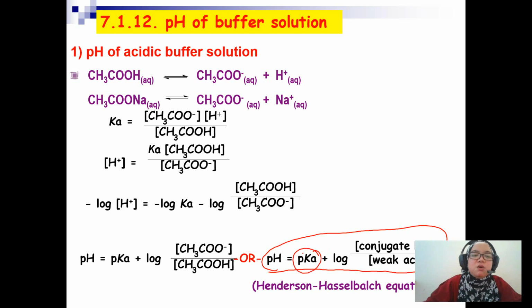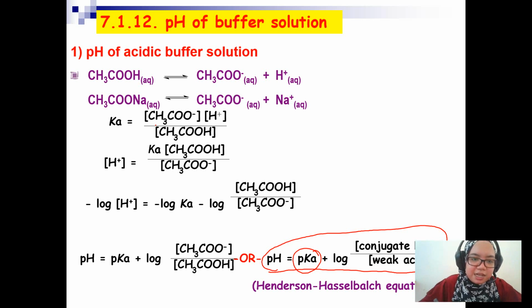Okay, so macam mana kita nak kira the pH of acidic buffer solution? We know that the acetic acid here will partially dissociate to form ethanoate ion and hydrogen ion, and the sodium ethanoate will completely dissociate to form ethanoate ion and sodium cation. So sekarang ni kita boleh cari Ka untuk this reaction.